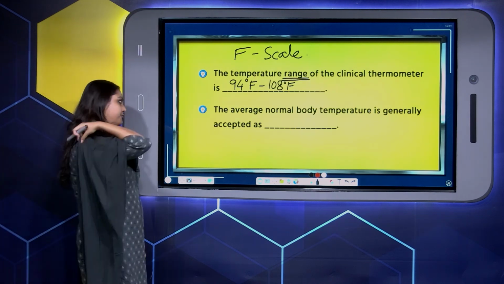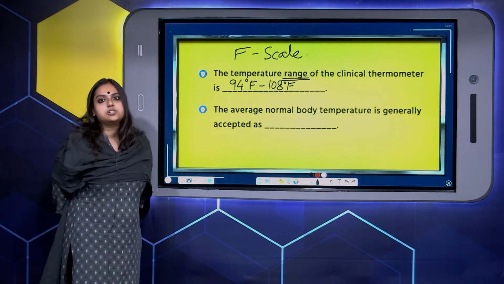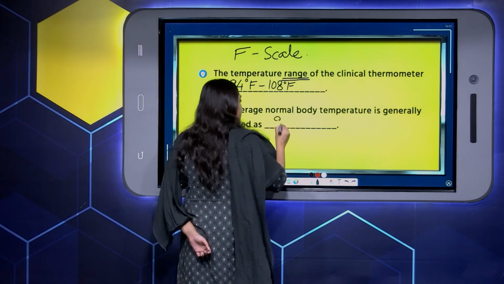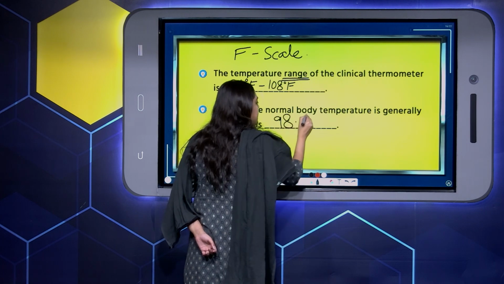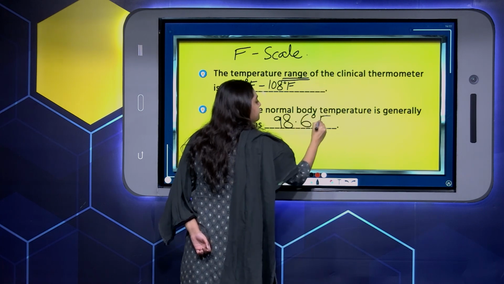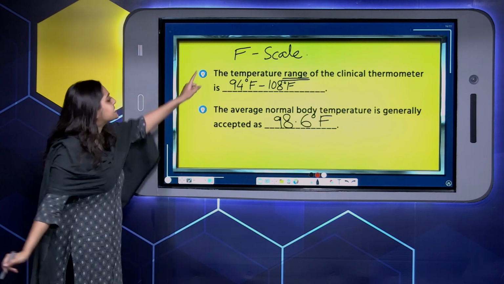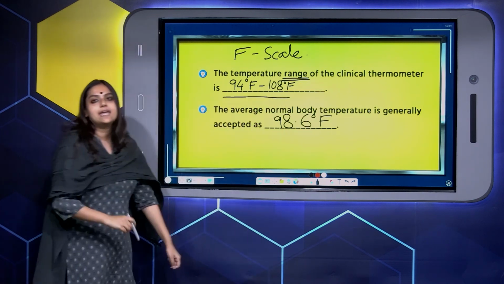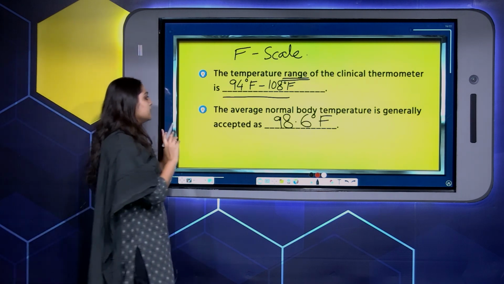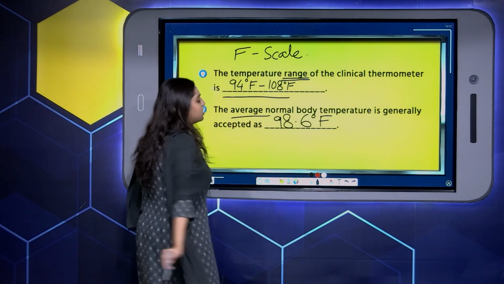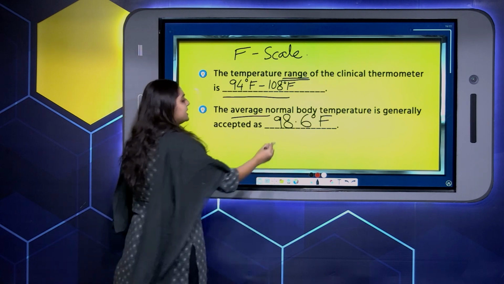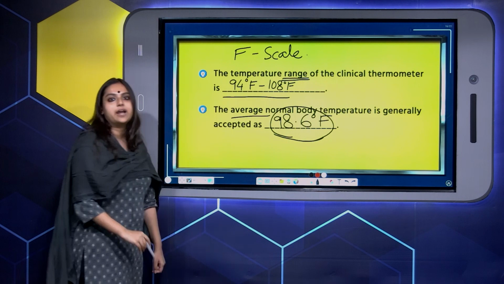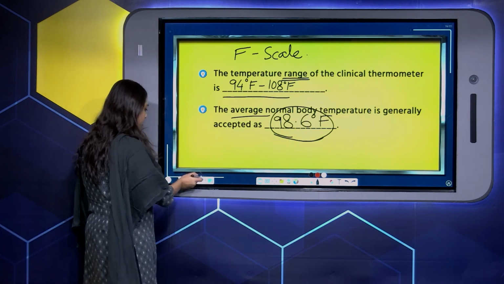And the average normal body temperature, can you say, you know this? It is 98.6 degree Fahrenheit. So for Fahrenheit scale, we find the ranges from 94 to 108 degree Fahrenheit, and the normal average body temperature is 98.6 degree Fahrenheit. Okay.